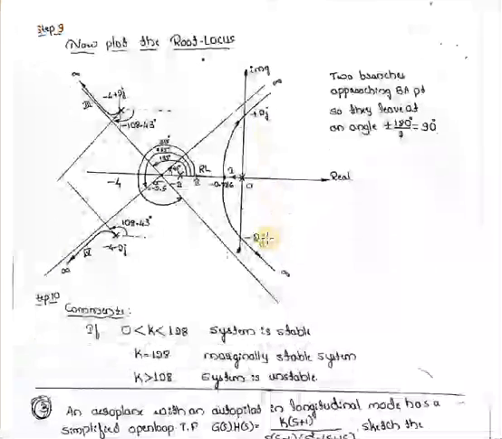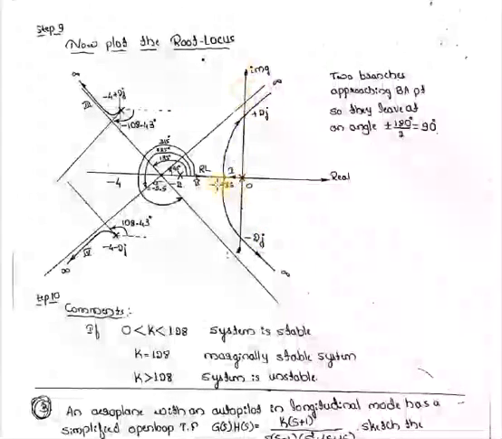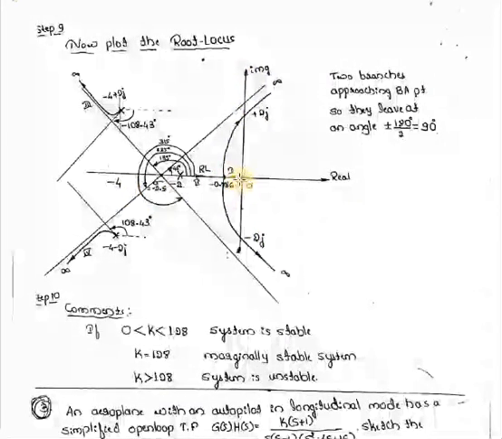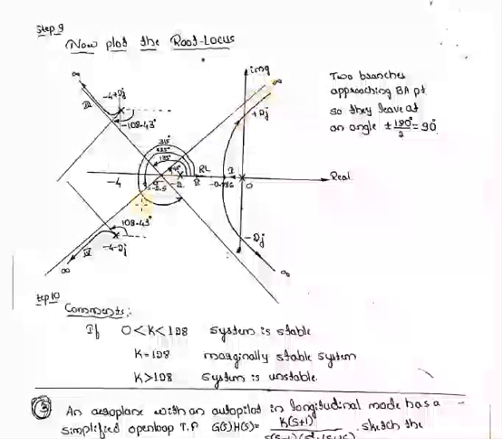Now to sketch the root locus, first on S plane you mark the poles 0, minus 2, and this is minus 4 plus 2j, minus 4 minus 2j. After that mark the centroid at minus 2.5, then draw these asymptotes with respective angles theta 1, theta 2, theta 3, theta 4.